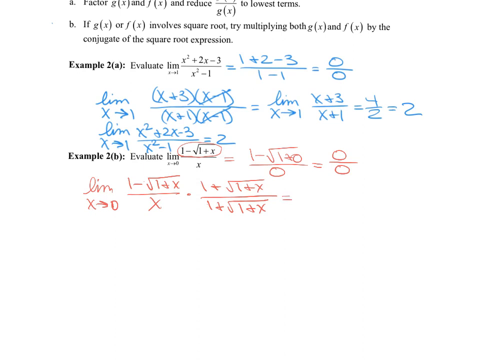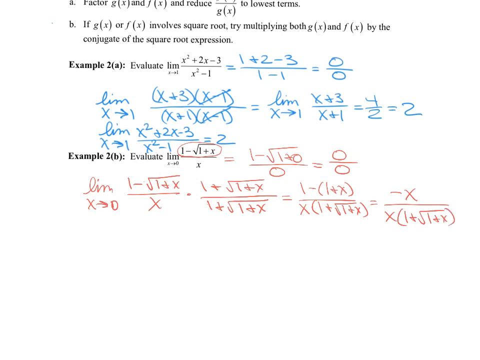When you FOIL out the numerator, you end up with 1 minus 1 plus x. The denominator we aren't going to multiply out, and you'll see why in a moment. So we are going to leave it simply as x times 1 plus rad 1 plus x. When we simplify the numerator, we get negative x over x times 1 plus rad 1 plus x.